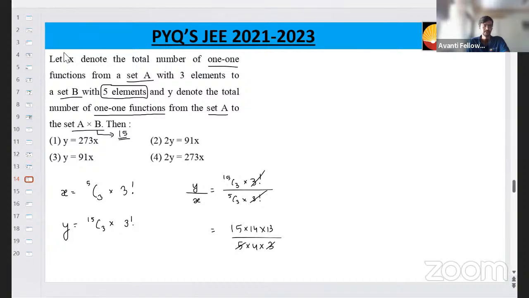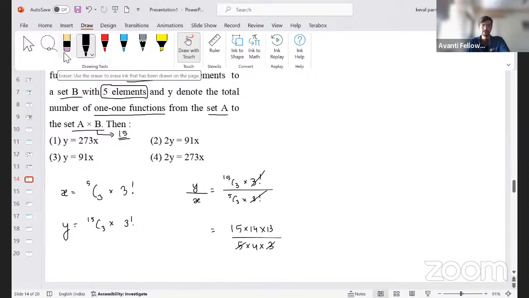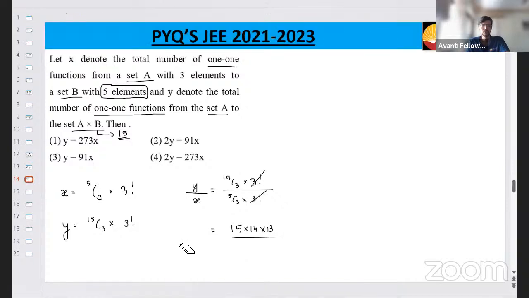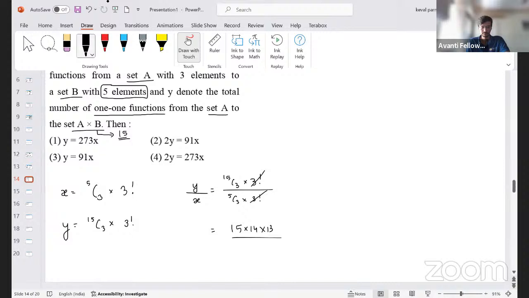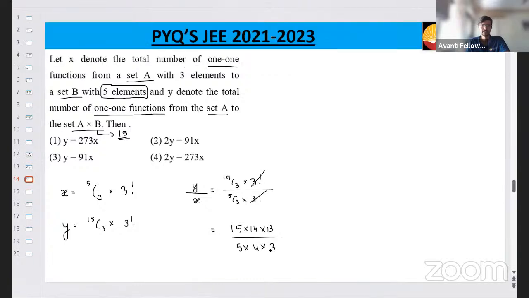Just a second. 5C3 is basically 5C2. Sorry, it was equal, right? 5 into 4 into 3. So 5 3s are 15, 2 7s are 14.